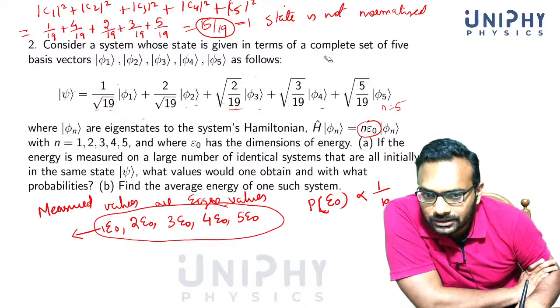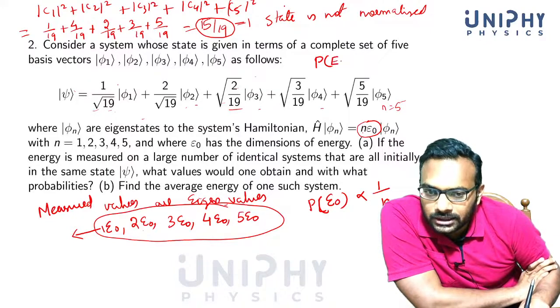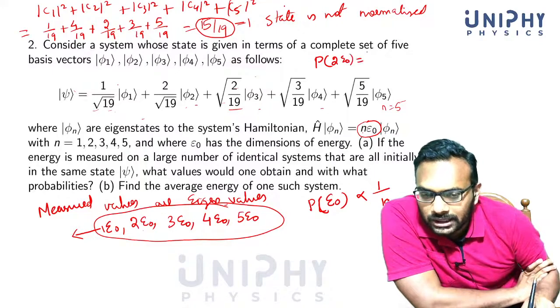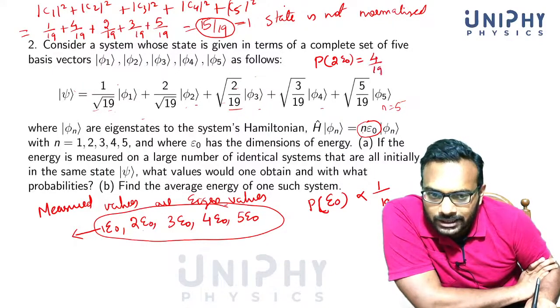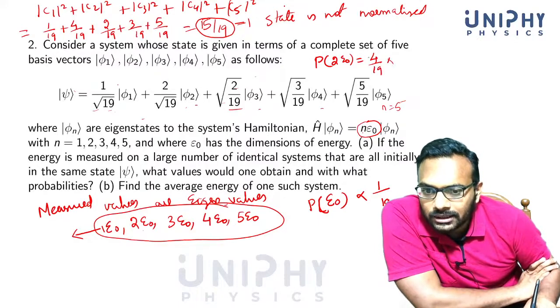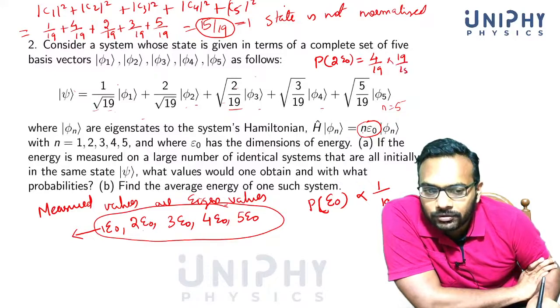The probability of measuring 2 epsilon 0 is equal to 4 by 19 divided by the normalization constant, 19 by 15. So that's equal to 4 divided by 15.